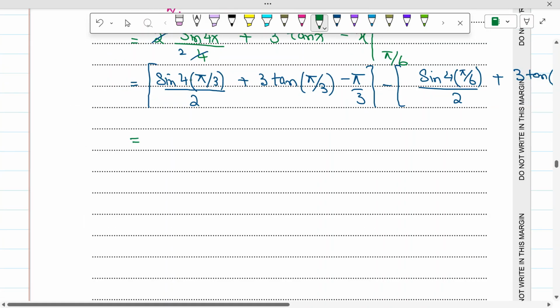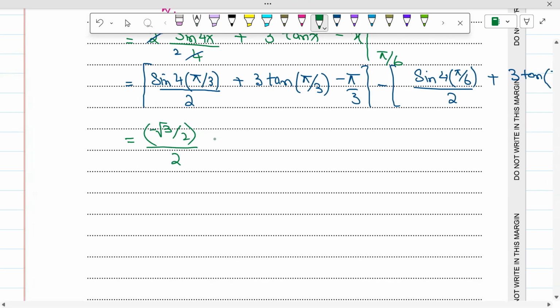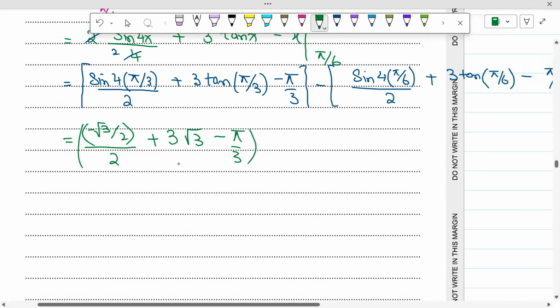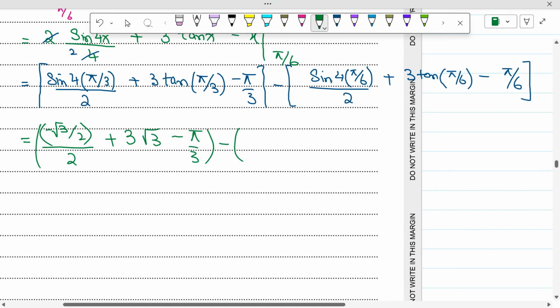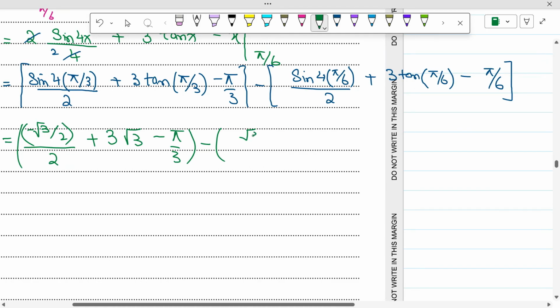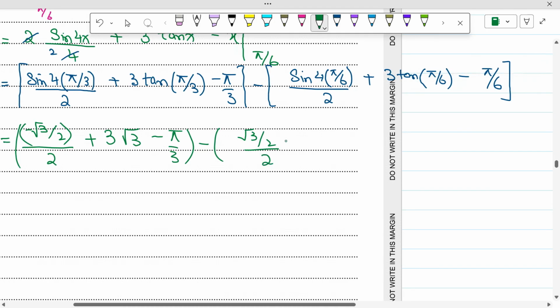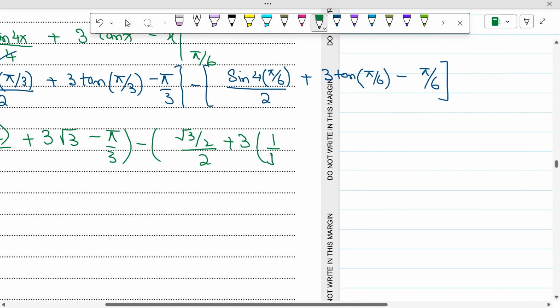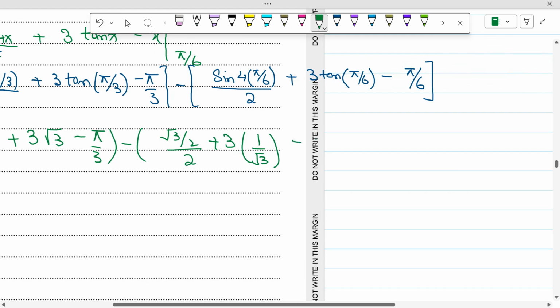Now sine of 4 pi by 3 is equal to negative under root 3 over 2, over 2, plus 3 tangent of pi by 3, which is under root 3, minus pi by 3, minus, and sine of 4 pi by 6 is equal to under root 3 over 2, plus 3 tangent of pi by 6, which is 1 over under root 3, minus pi by 6.